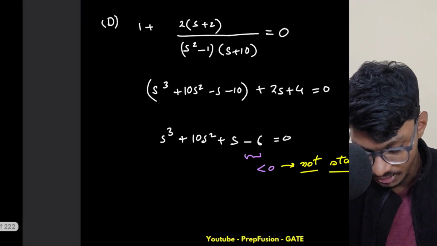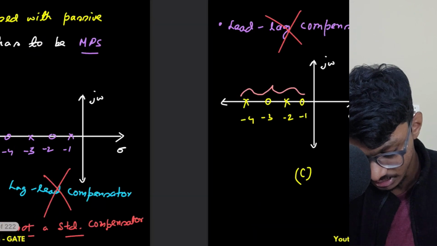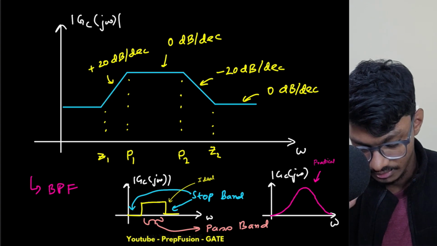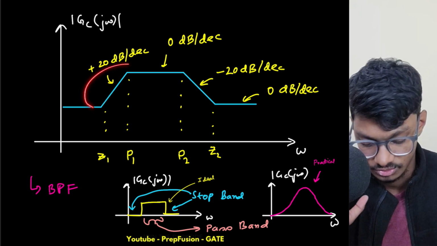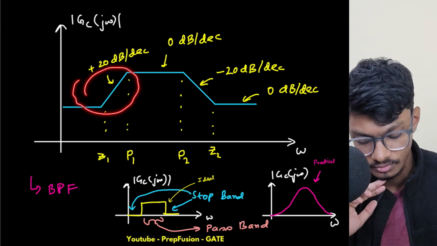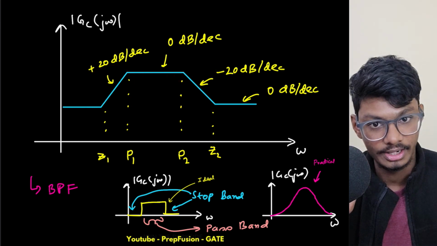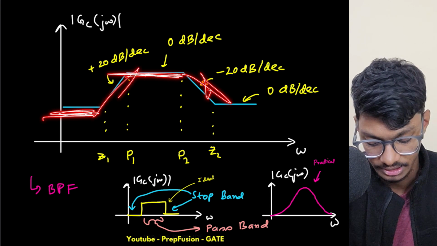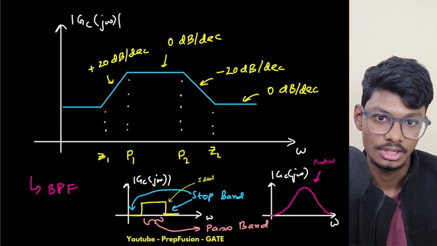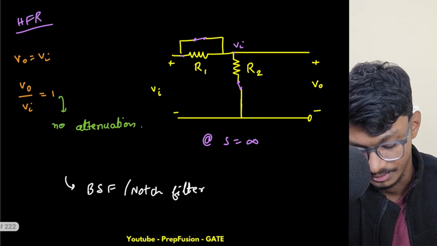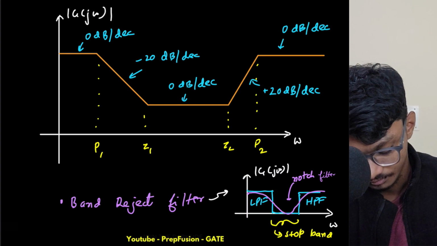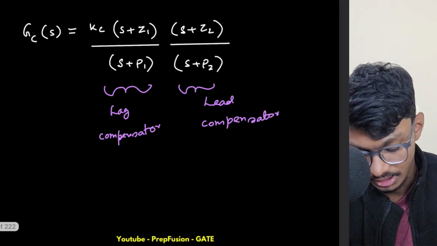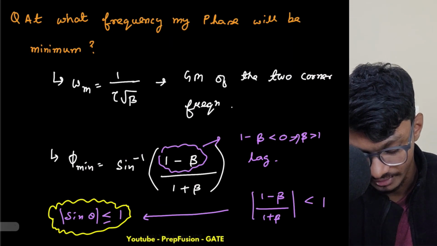Let me quickly say one thing about lag-lead and lead compensators. This here is a lead-lag compensator. A lead-lag compensator can provide gain and can also provide attenuation at different frequencies. That is the characteristic of a lag-lead or lead-lag compensator. But a simple lag compensator or lead compensator can provide either attenuation or gain.